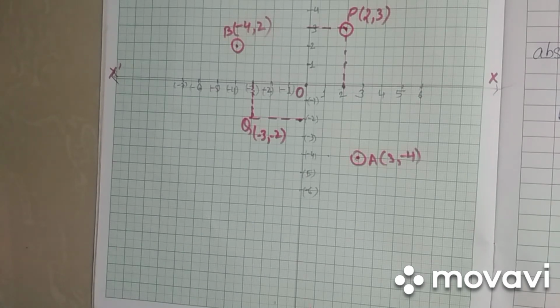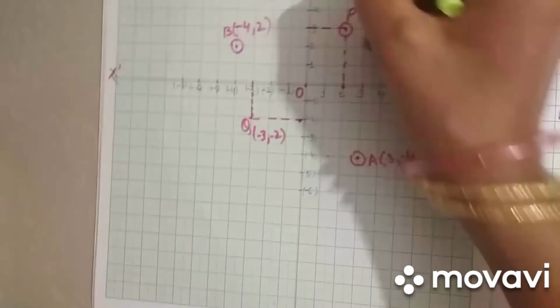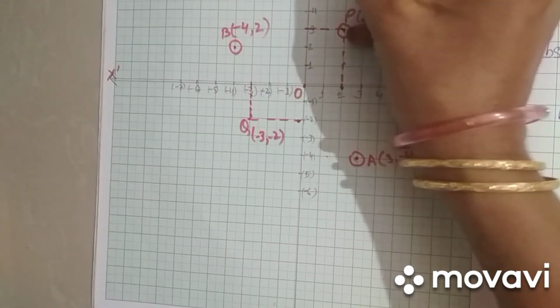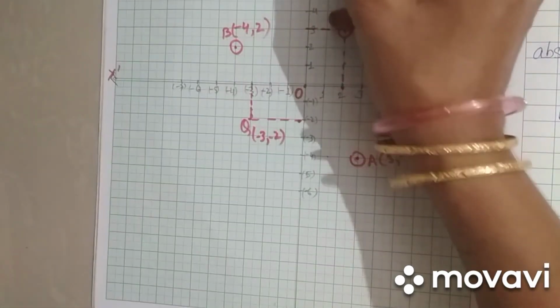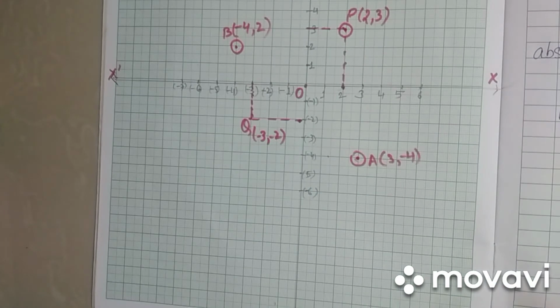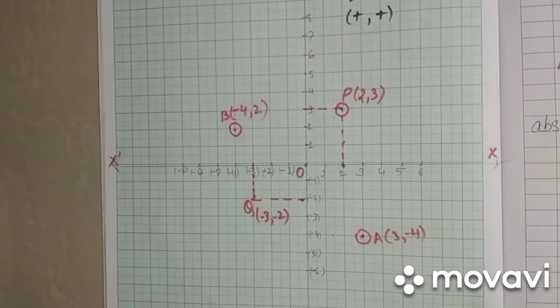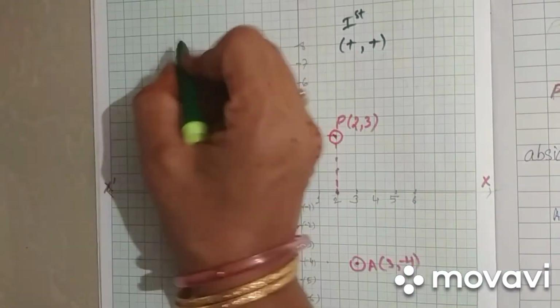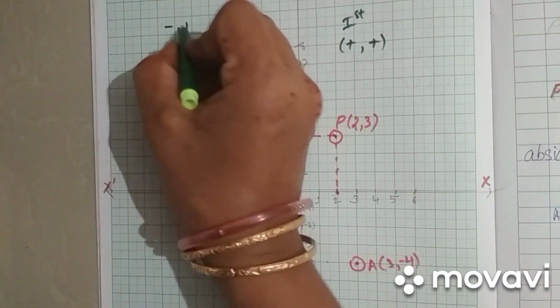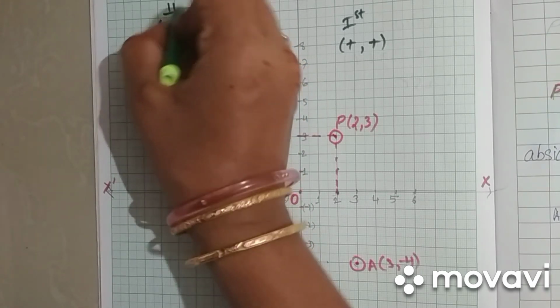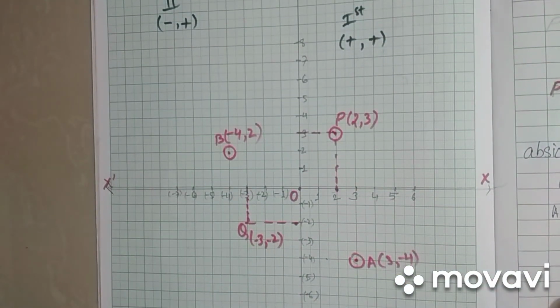Got it, dear students? So, in short, if we have both values positive, plus plus will lie in the first quadrant. If it is minus plus, then it would be in the second quadrant.